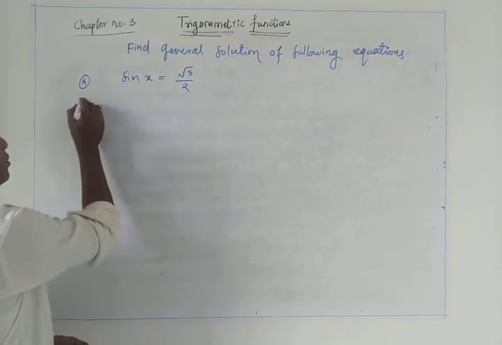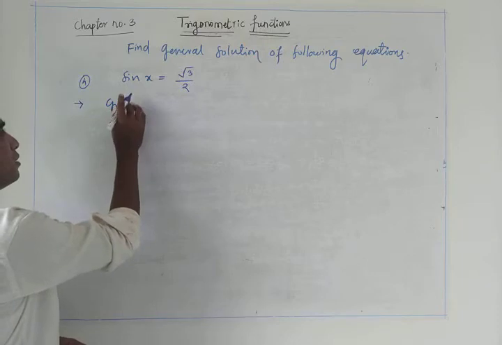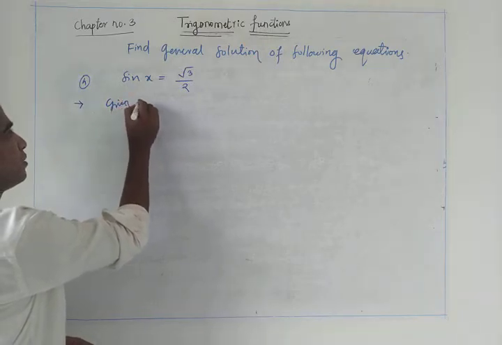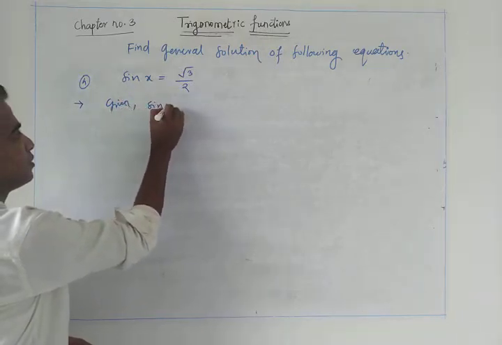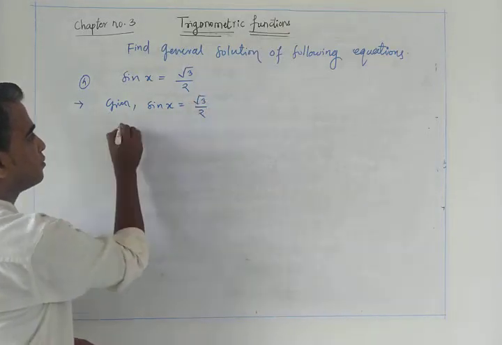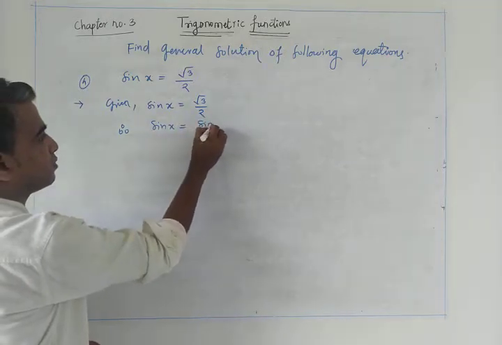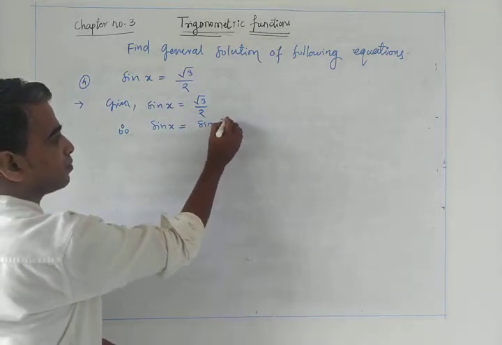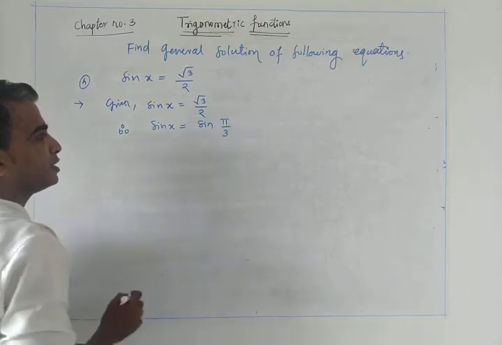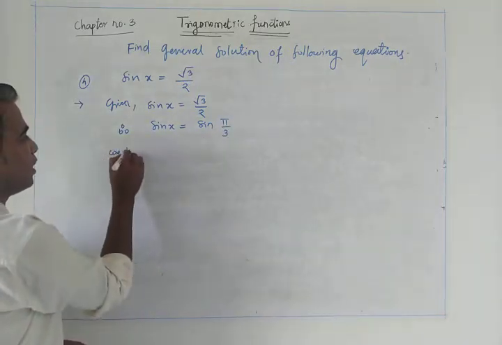So we start with the solution. Given sin x is equal to root 3 by 2. So sin x is equal to sin pi by 3. Pi by 3 means 60 degree. And now we are going to use the formula.